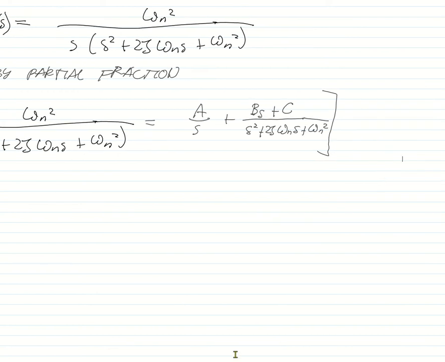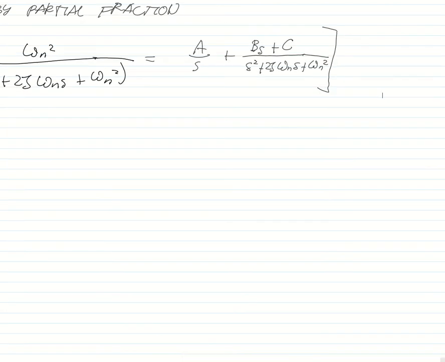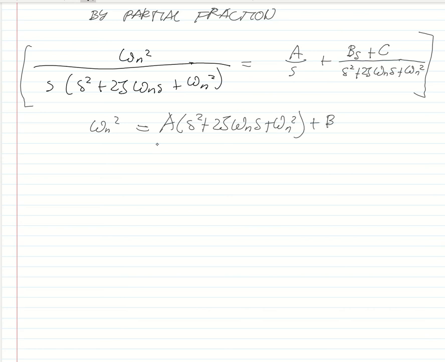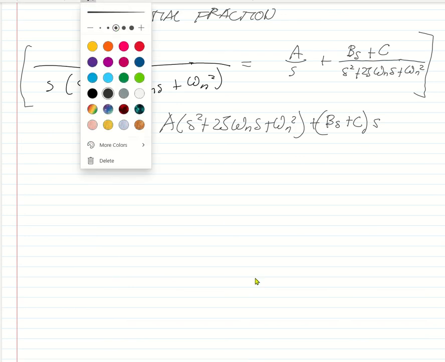So this will be omega n squared equals, s will cancel out, A times s squared plus 2 zeta omega n s plus omega n squared. Then here we have plus Bs plus C, we multiply this with s. Then we need to simplify this one.